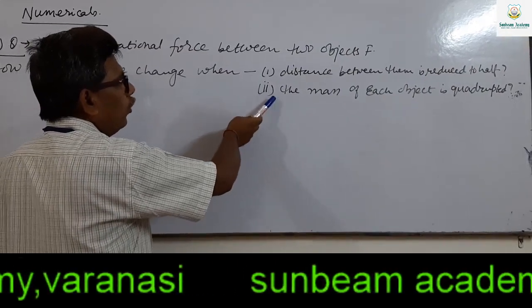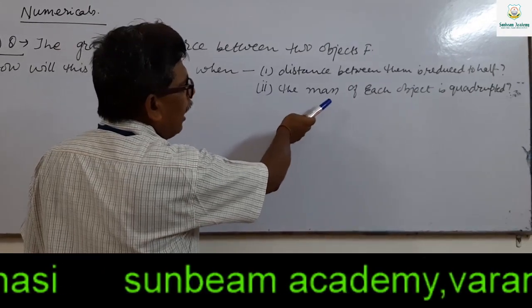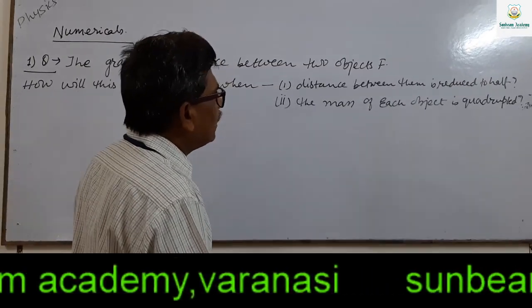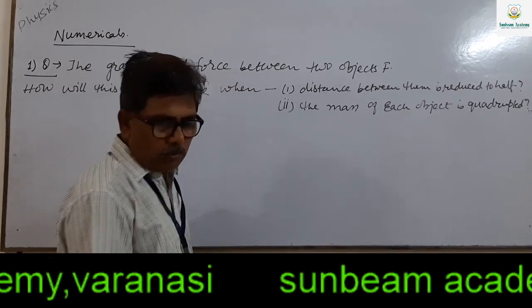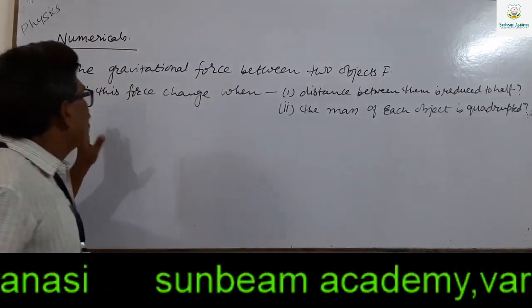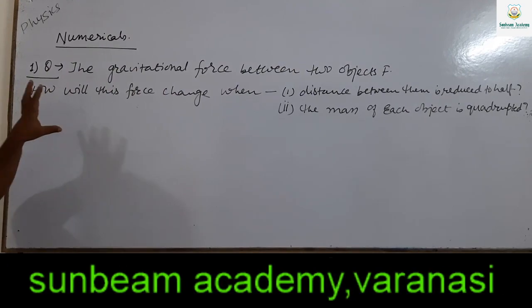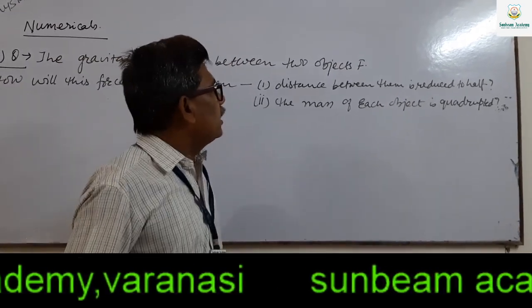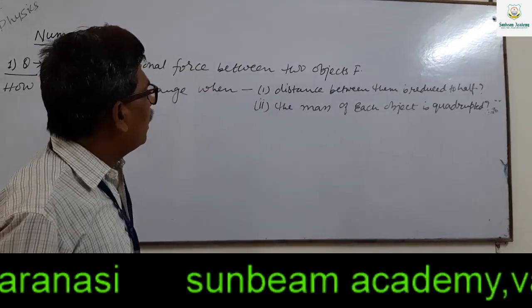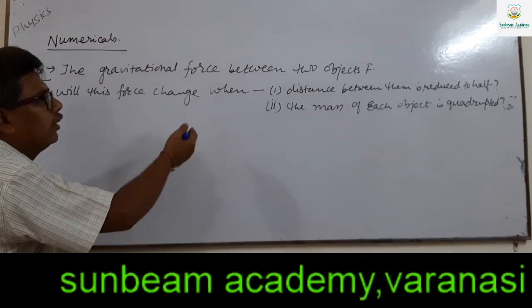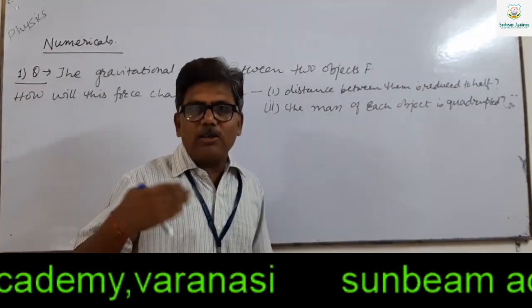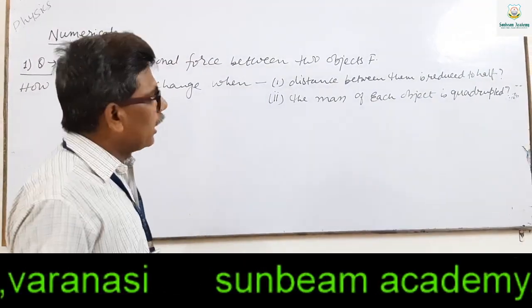Number two, when the mass of each object is quadrupled, means 4 times. Two conditions are given: how this gravitational force changes when the distance between them is reduced to half, and when the mass of each object becomes 4 times.